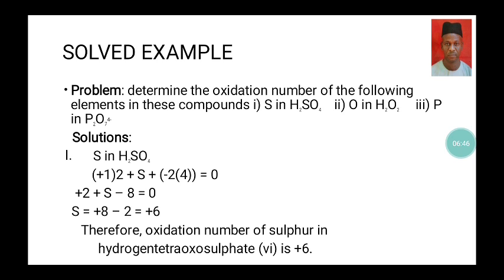It will be -2 times 4, which is -8. And the total sum of the oxidation number in sulfuric acid, a neutral compound, is equal to 0. So we sum it up, we make the S the unknown, and we do our little arithmetic, and we arrive at S equals +6, which gives the oxidation number of sulfur in sulfuric acid to be +6.